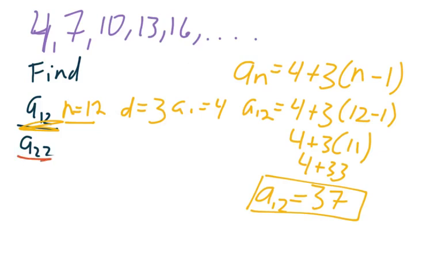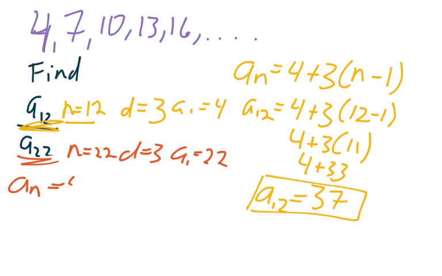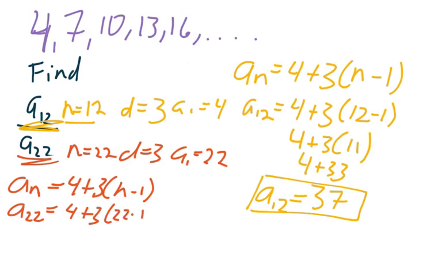Now if we want to find a of 22, again, our n value is 22. Common difference is the same. Our first term is the same. So we set up our equation. A of n equals 4 plus 3 times n minus 1. Again, our n value this time is 22, so a of 22 equals 4 plus 3 times 22 minus 1.